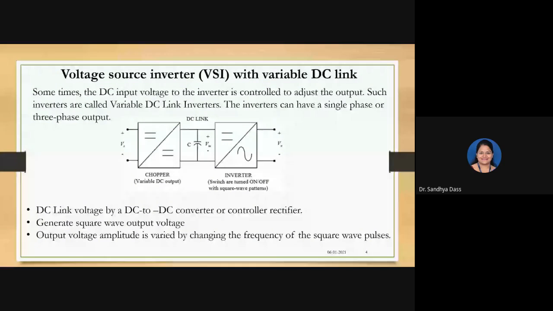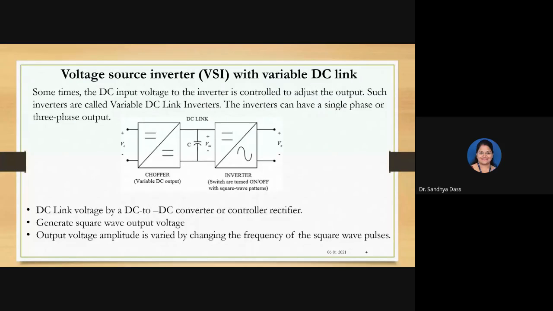If the DC input voltage to the inverter is controlled to adjust the output, then we call such inverters variable DC link inverters.